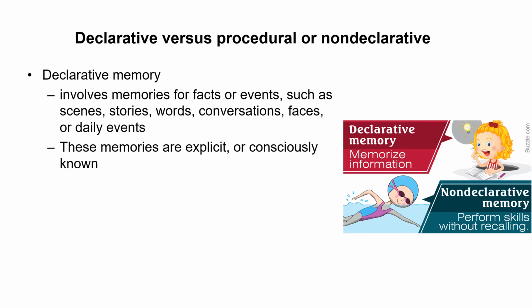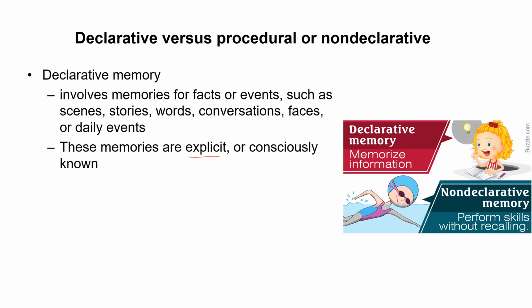Declarative memory is memory for facts, events, scenes, stories, words, any conversation you had, faces, daily events. So we've got an extended grouping we're going to look at here, and we'll break these down because they're within declarative memory. There are different categories. But declarative memory is your consciously known memory, your explicit memory.